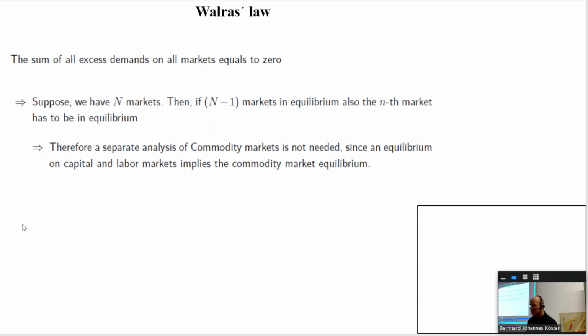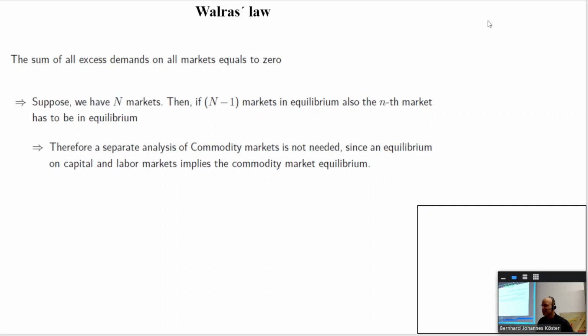And then Leon Walras, maybe one of the fathers of economic theory, professor in Geneva in the 19th century, formulated a law, and it is now called the so-called Walras law.